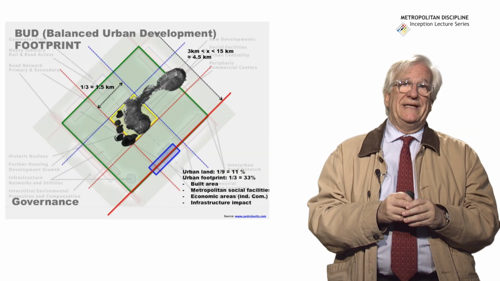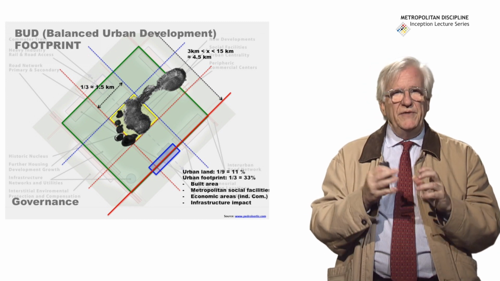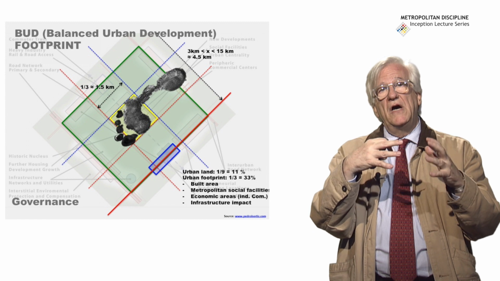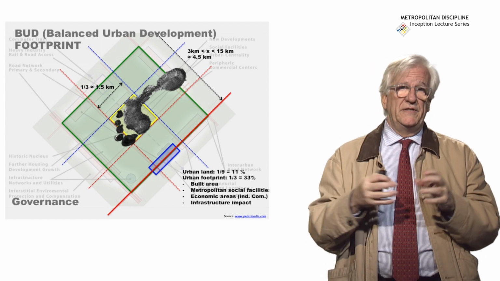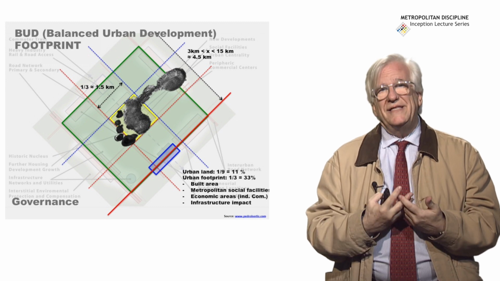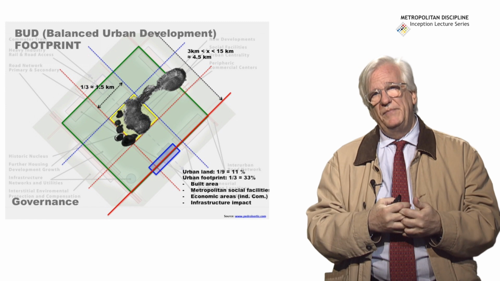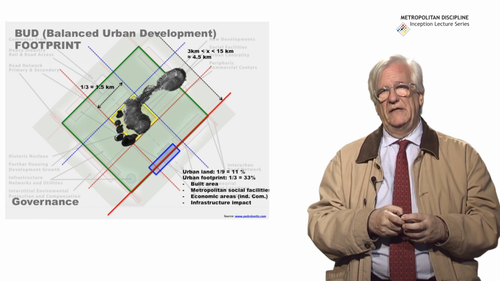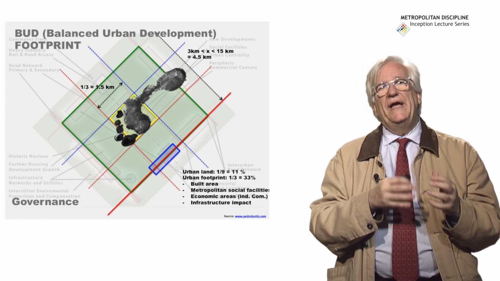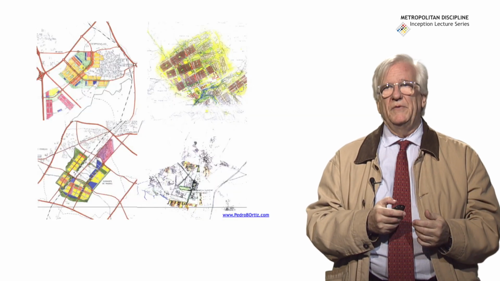The footprint is limited. You see it's only 1.5 kilometers by 1.5 out of 4.5 kilometers square. So really it's only 1/9 of the land which is used for the urban development, and the rest of the land, 8/9, is used and protected for the environment.